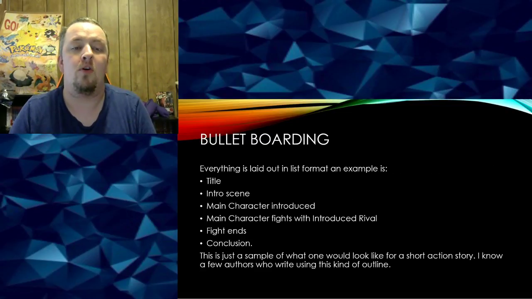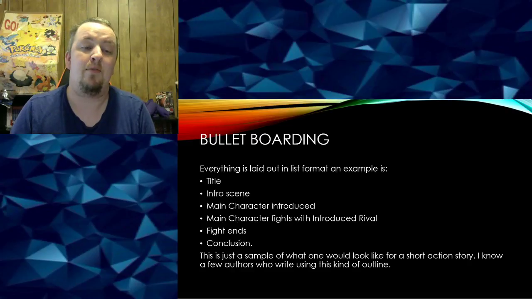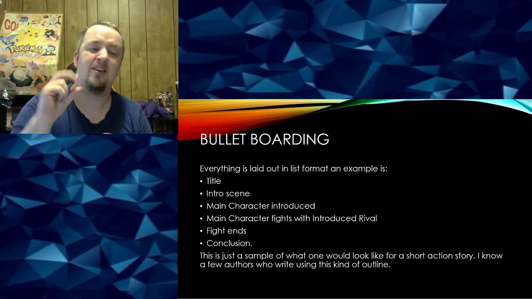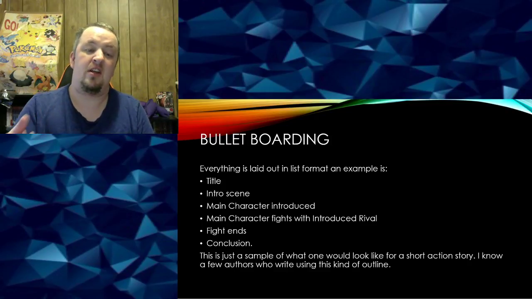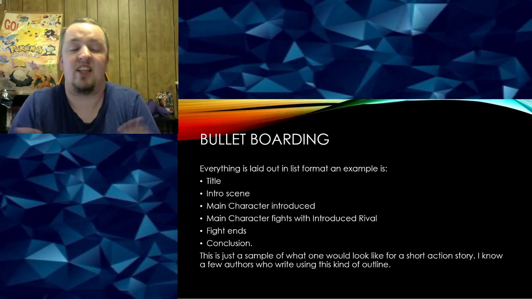In bullet boarding, everything is laid out in a list format. An example of this is you have the title, you have your intro scene, your main character is introduced. The main character's rival is introduced. They have a fight scene. The fight ends, and then you have a conclusion.